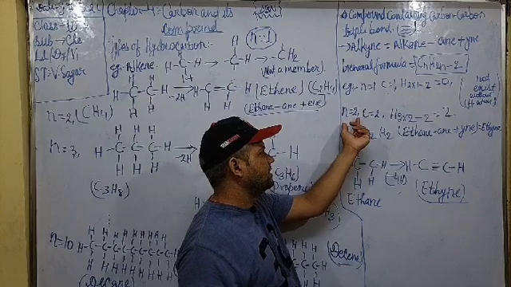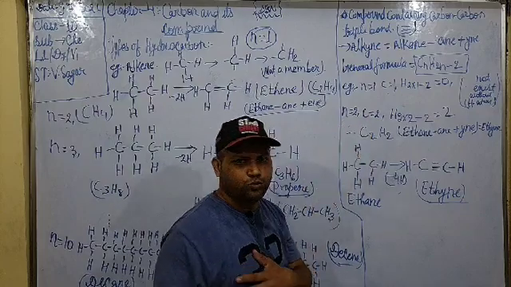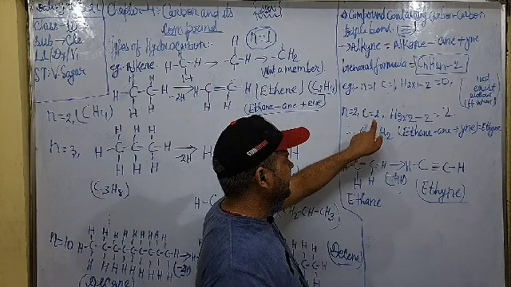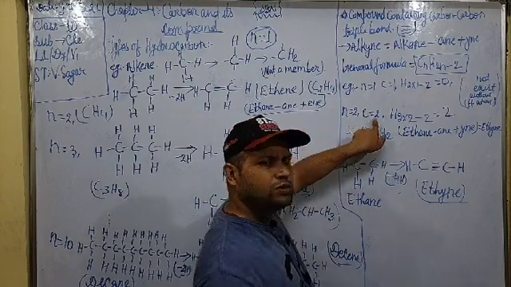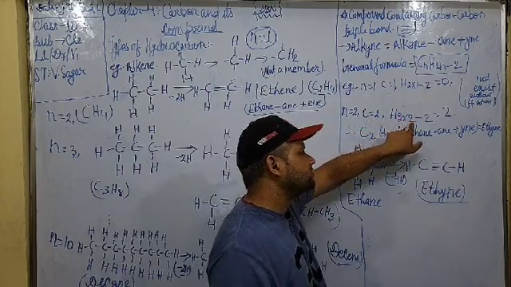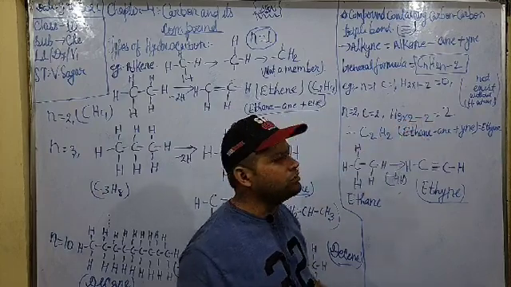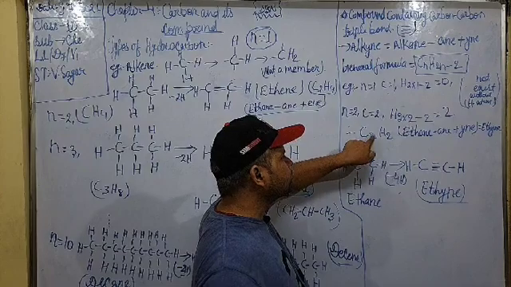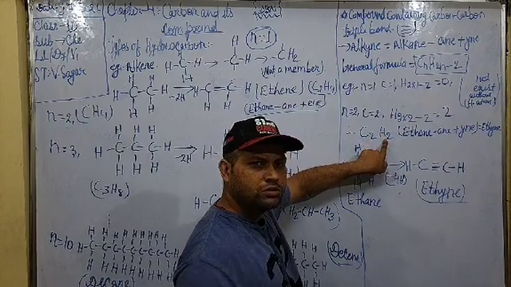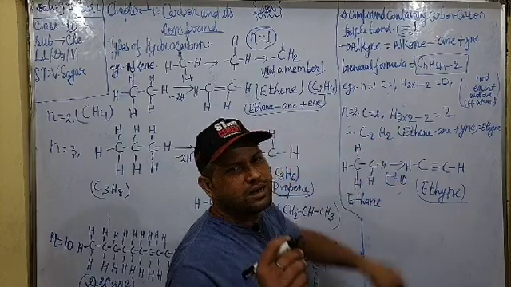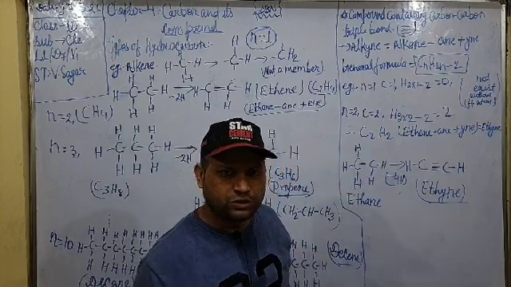Now let us take n equal to 2. When n is equal to 2, then C is equal to 2 and H is equal to 2 into 2 minus 2, which is 2. So C is 2, H is 2. This is the first member of the alkyne group. Understood?